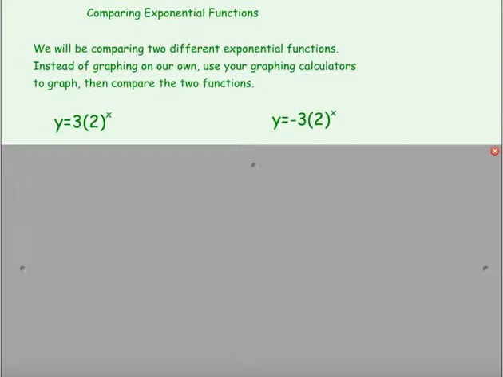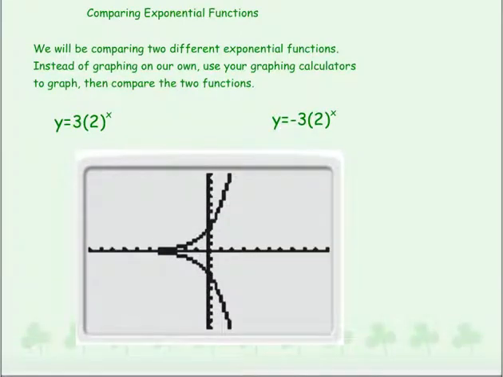So let's compare some of these on our calculator. So we have 3 times 2 to the x value and -3 times 2 to the x. So I have them on my screen already. You can plug them into a calculator and see how these compare. But we have these two values, okay? And the first one, this is our growth, okay? This is our initial value being 3.